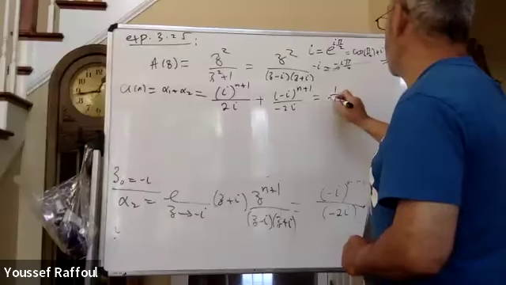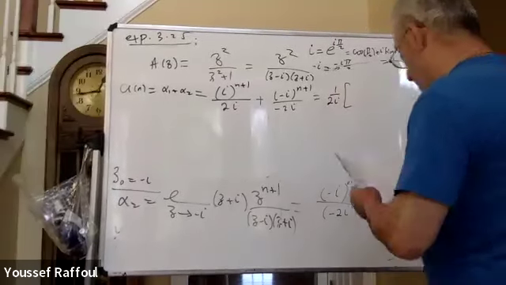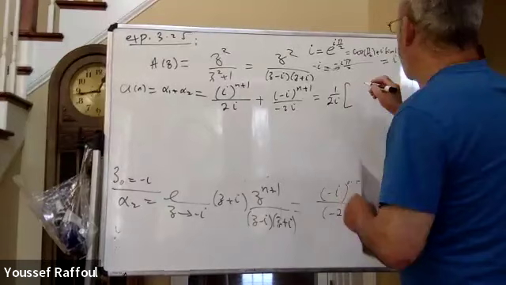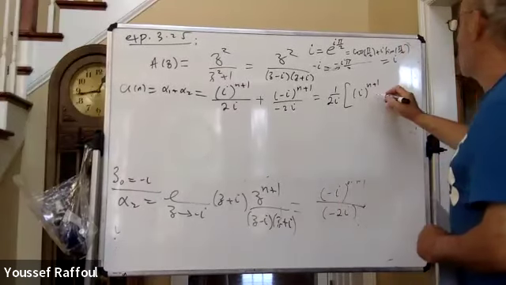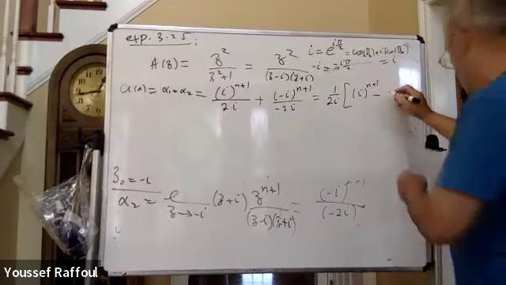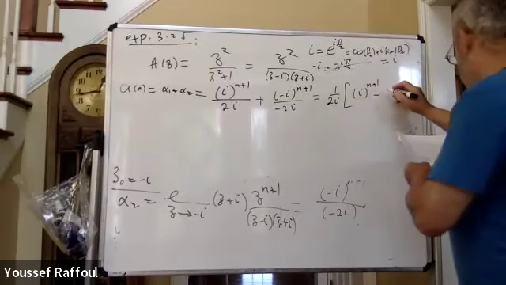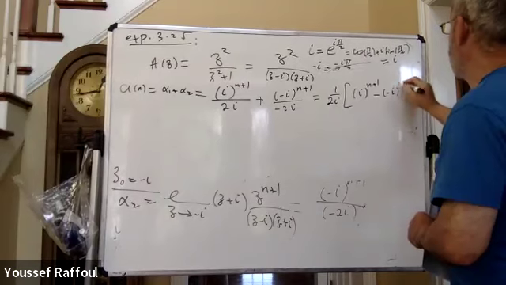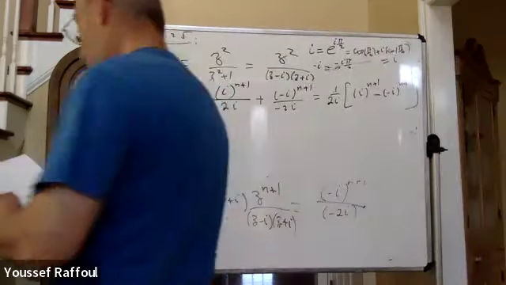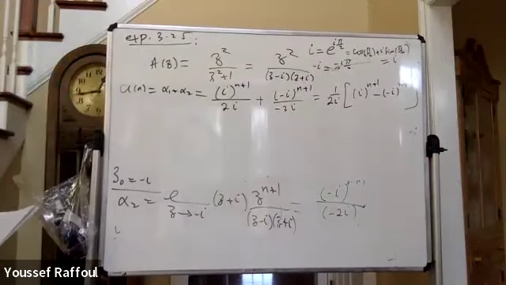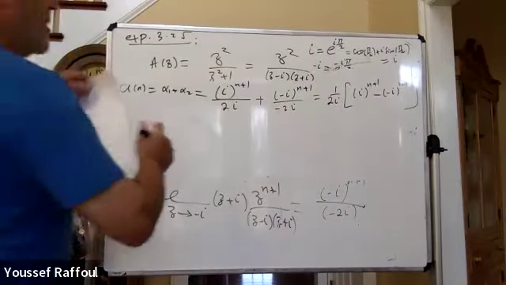So this is 1 over 2i, i to the power n plus 1 minus minus i to the power n plus 1.